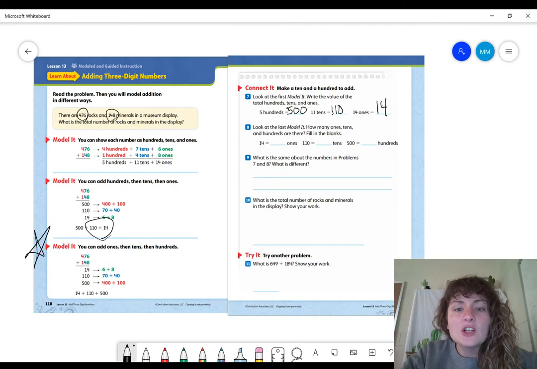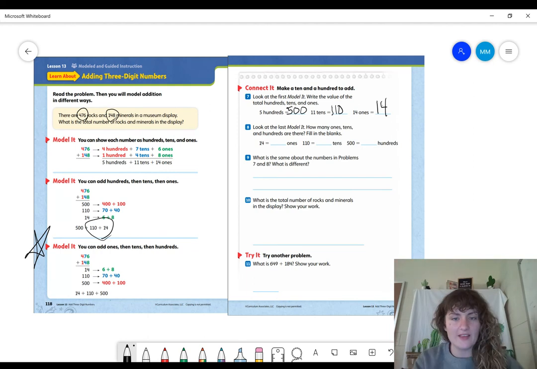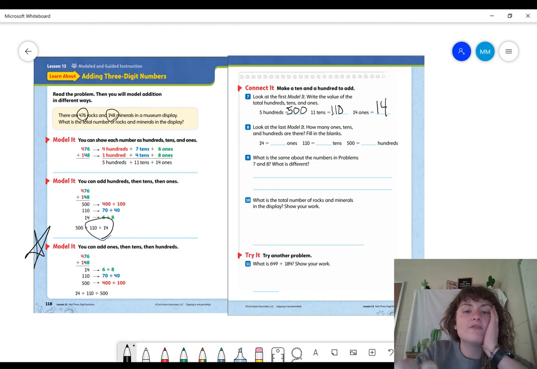It says, look at the last model. How many ones, tens, and hundreds are there? Fill in the blanks. So 14 would be 14 ones. 110 is the same as 11 tens. So if I add 7 plus 4, that is 11 tens. And 500 is the same as 5 hundreds.